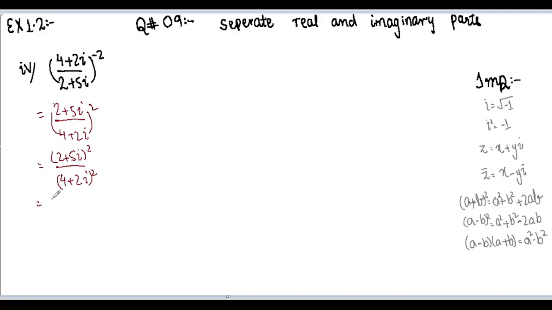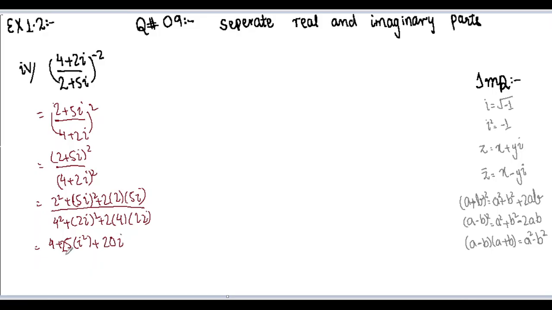Equals 2² + (5i)² + 2 × 2 × 5i, divided by 4² + (2i)² + 2 × 4 × 2i. Equals 2² gives us 4, plus 25 i², plus 2 × 2 gives us 4, 4 × 5 gives us 20i, divided by 4² gives us 16, plus 4 i², plus 2 4s are 8, and 8 × 2 gives us 16i.